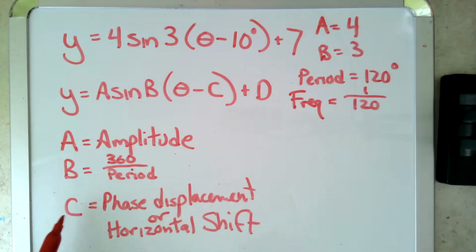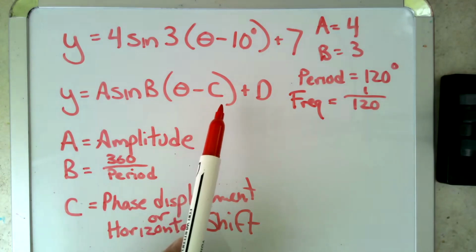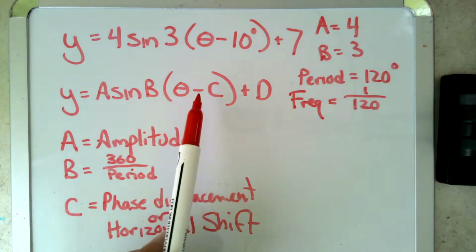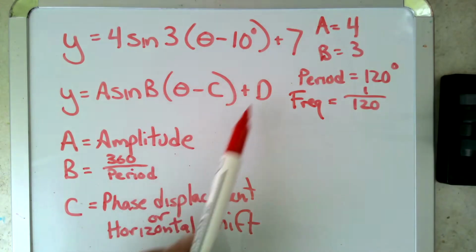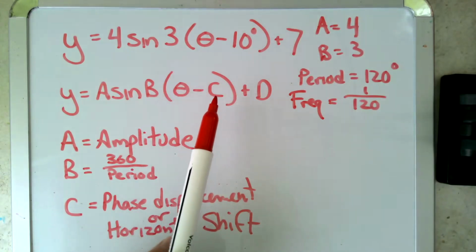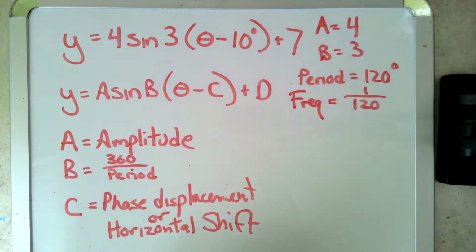My C is defined as my phase displacement or my horizontal shift. One thing I want you to notice is that the parent equation defines it as theta minus C. This is that situation where whatever your C is, it moves it in the opposite direction than you would imagine.